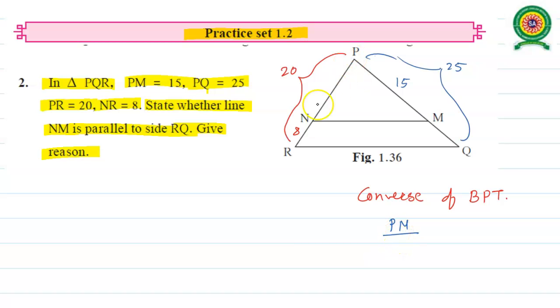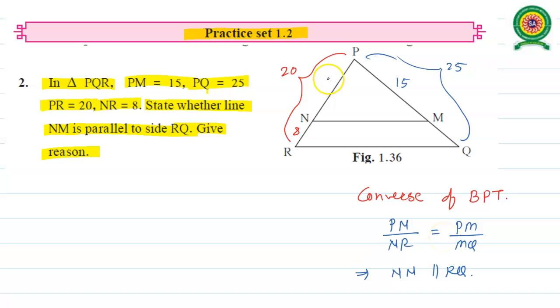Look at which are the intercepts made by line NM. Line NM made the intercepts on side PR, PN divided by NR, we are writing, and that is equal to the intercepts made by NM on PQ, that are PM and MQ. Once those two ratios are equal, then we can easily say that NM is parallel to RQ or QR.